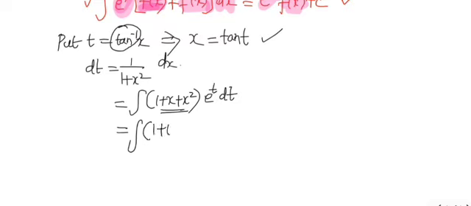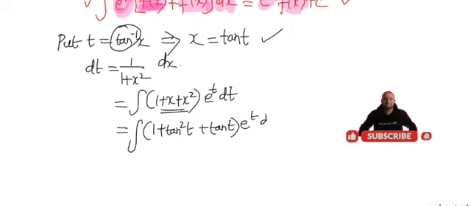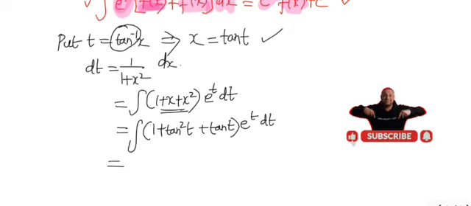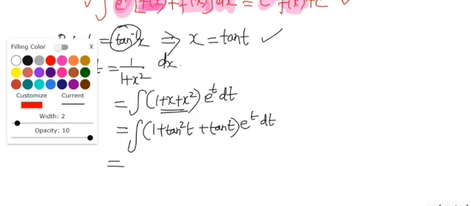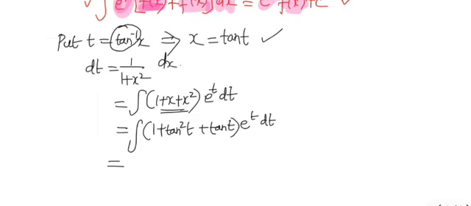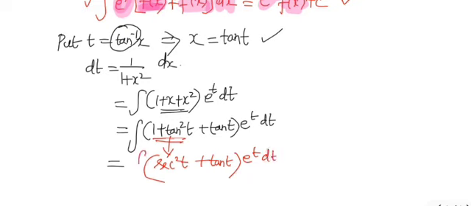So 1 plus tan square t plus tan t, and then we have got e power t dt. 1 plus tan square is nothing but our secant square. We know our Pythagorean identity. So this can be written as secant square t plus tan t, e power t dt, along with that our integral symbol.